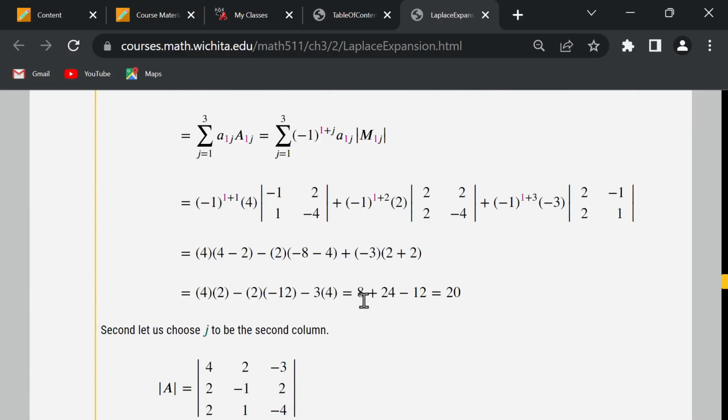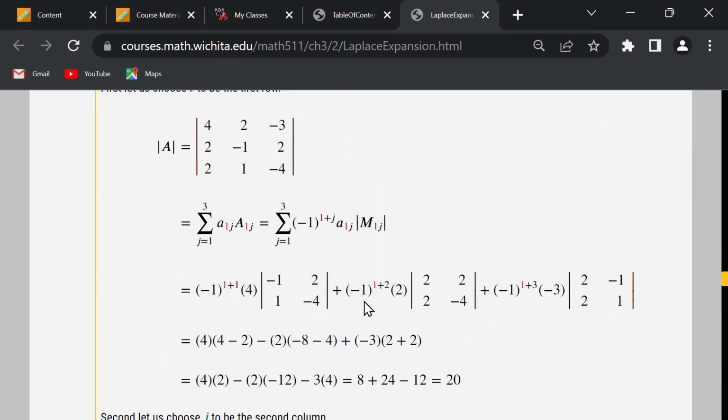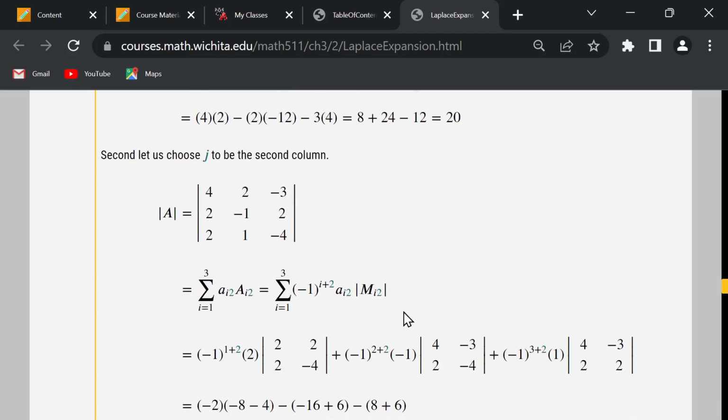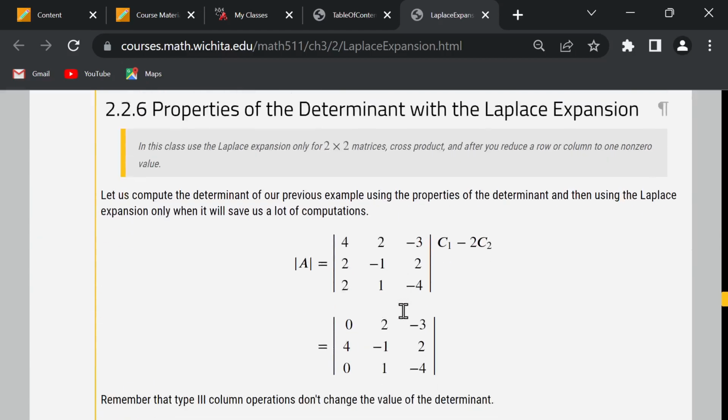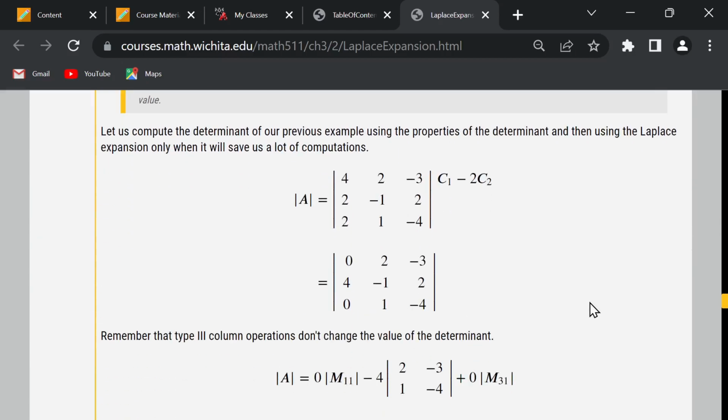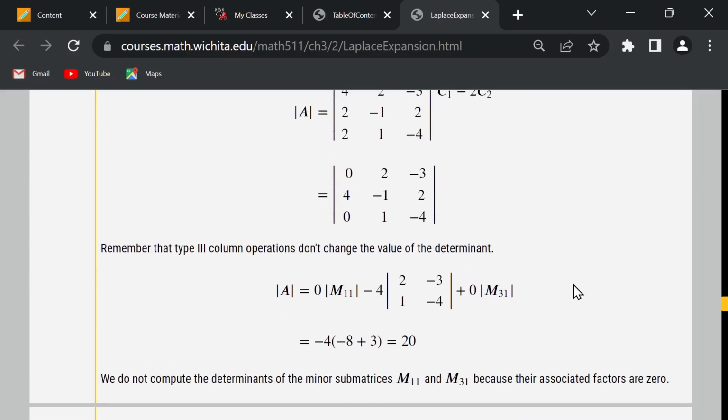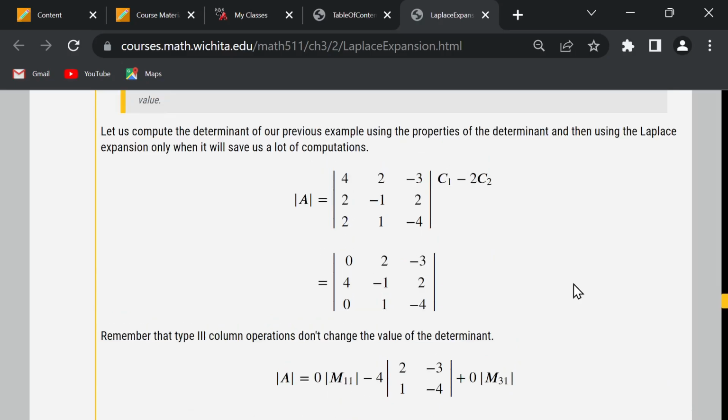Here's all the stuff I was talking about, and here's expanding the determinant using the sigma and the factors and the cofactors. And here's getting the determinant using a combination of row operations and the Laplace expansion.